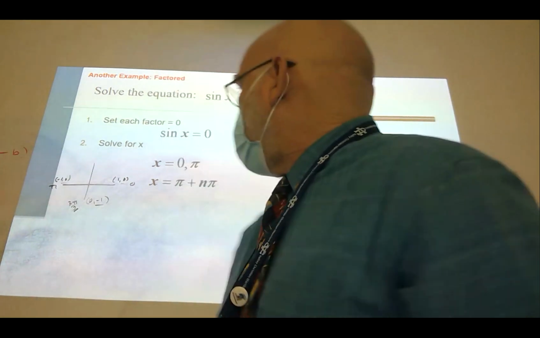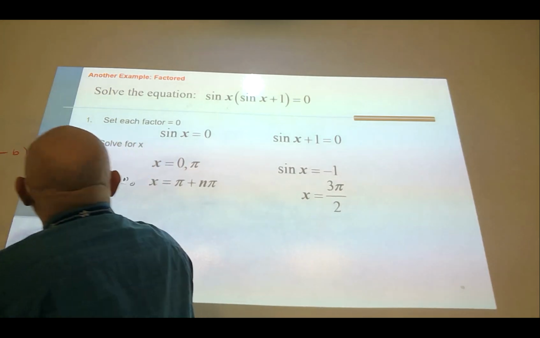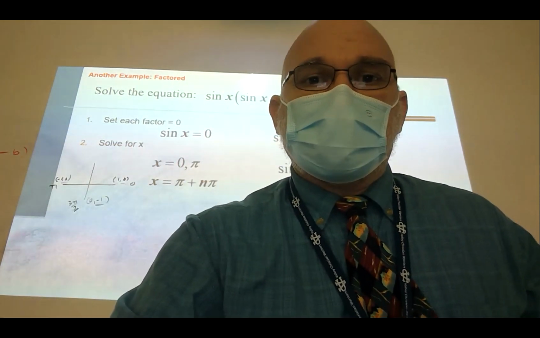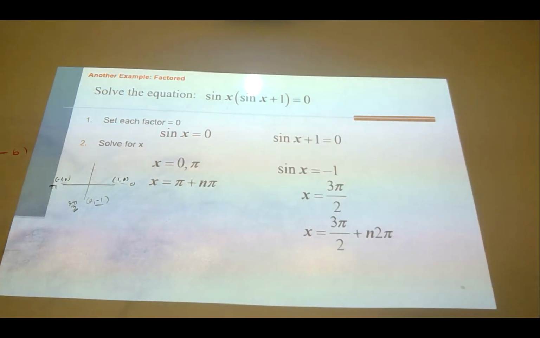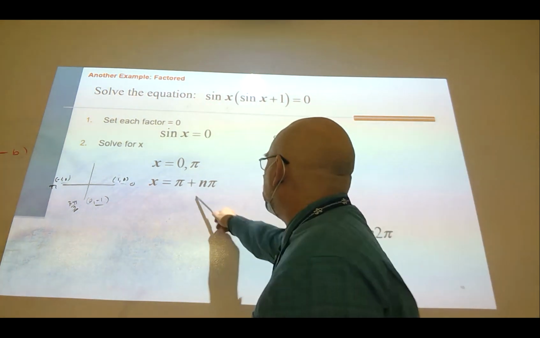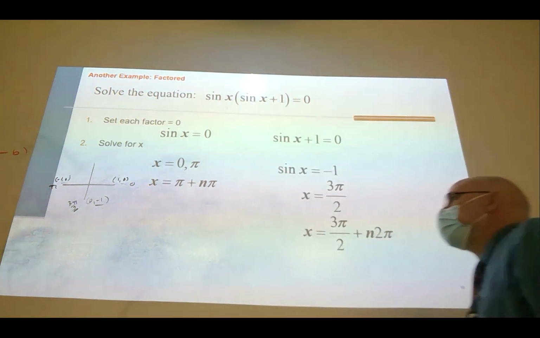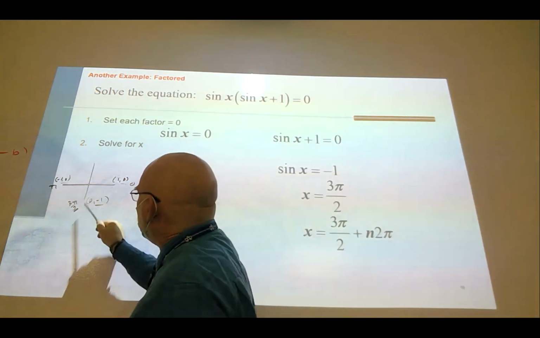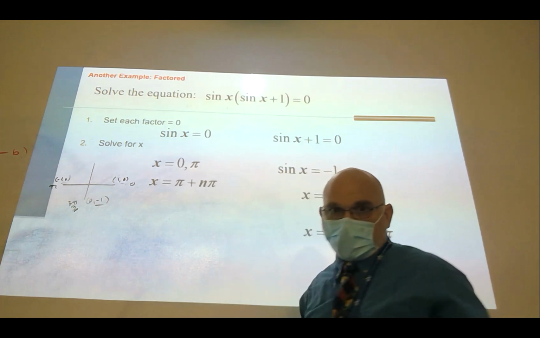Now I have to go all the way around the circle and come back to that, so 3 pi over 2 plus any number of 2 pi after that. So that's kind of two separate problems, and if I plug in any one of these three answers, it would solve the problem.